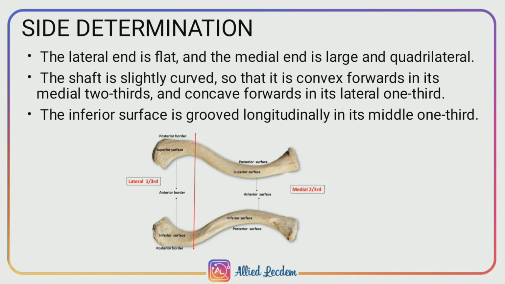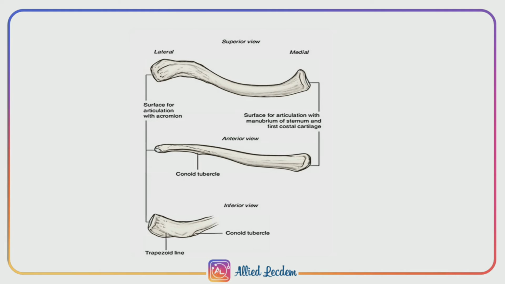So, at the lateral end, we could see the surface for articulation with the acromion process of the scapula, whereas the medial end articulates with the manubrium of the sternum. And in this we could see conoid tubercle and trapezoid line, about which we'll see in the further slides.